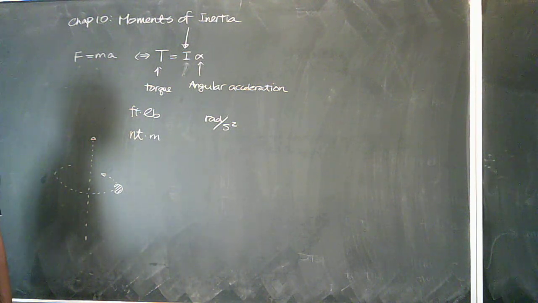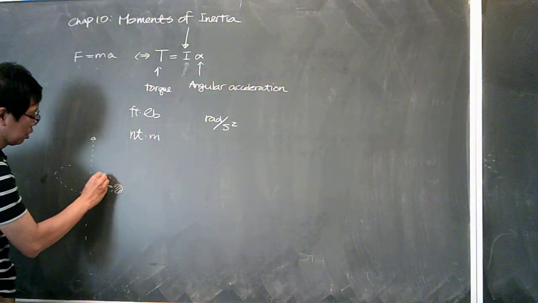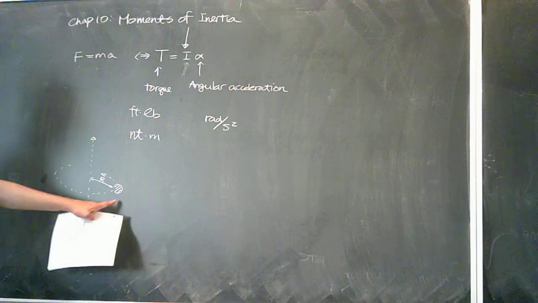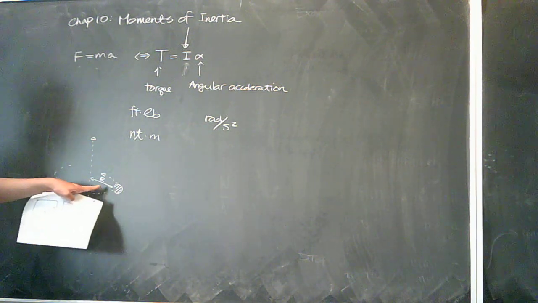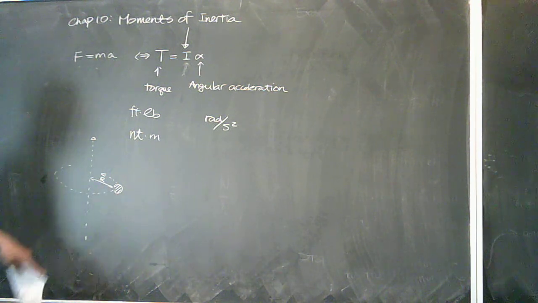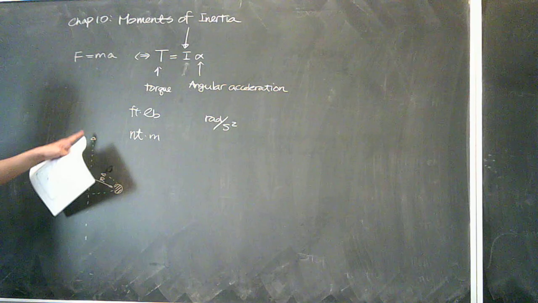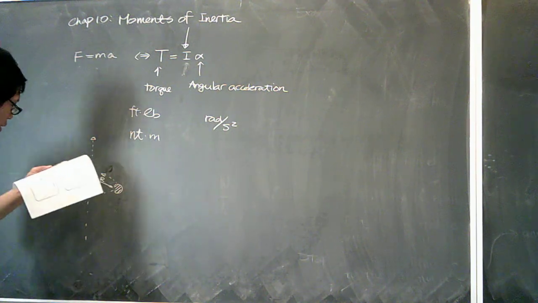Other than the mass, we don't really get any other information. So we need to know the distance here. Meanwhile, we need to know the mass here, and the moment of inertia is highly dependent on the distance between the axis and the object. So that is something we need to know.